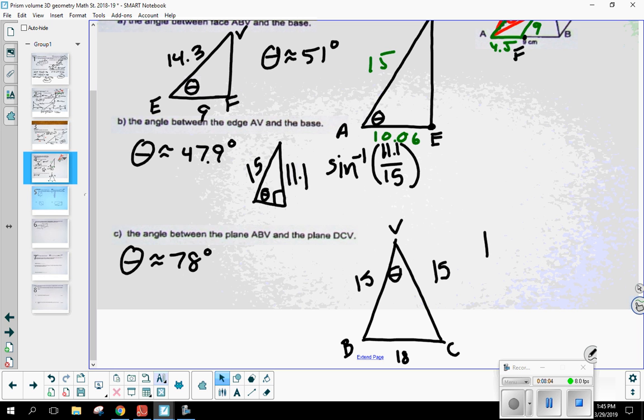So we'd say 18 what? What do we always do to that first side? Square it. And now we set that equal to? And what do we do with the other two sides?